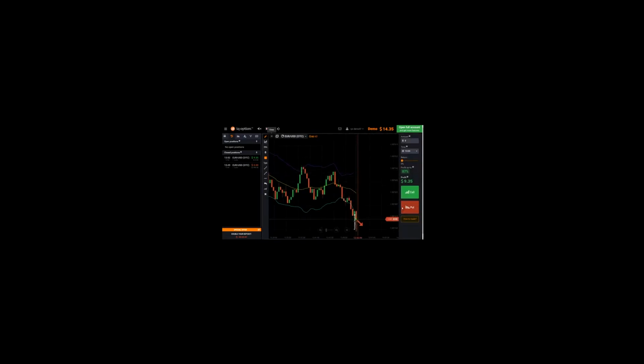And I'm continually placing the downwards trades. I have about 40 seconds left before the second trade concludes. It's still growing downwards. It reversed, but it's not a complete reversal yet.